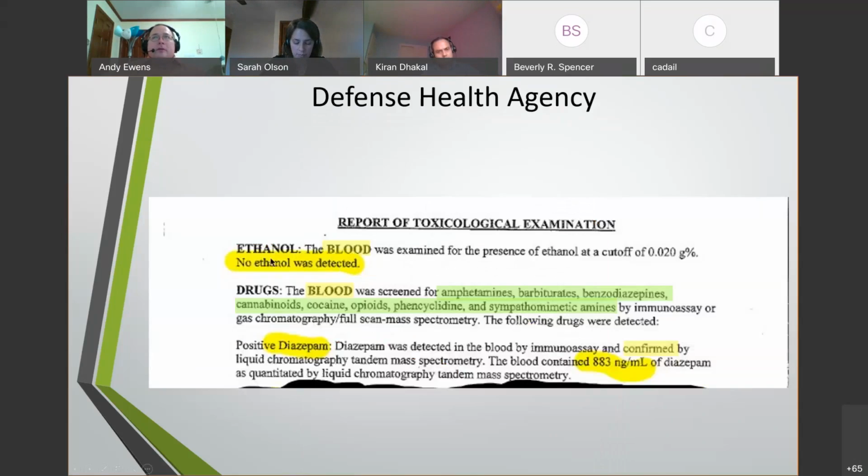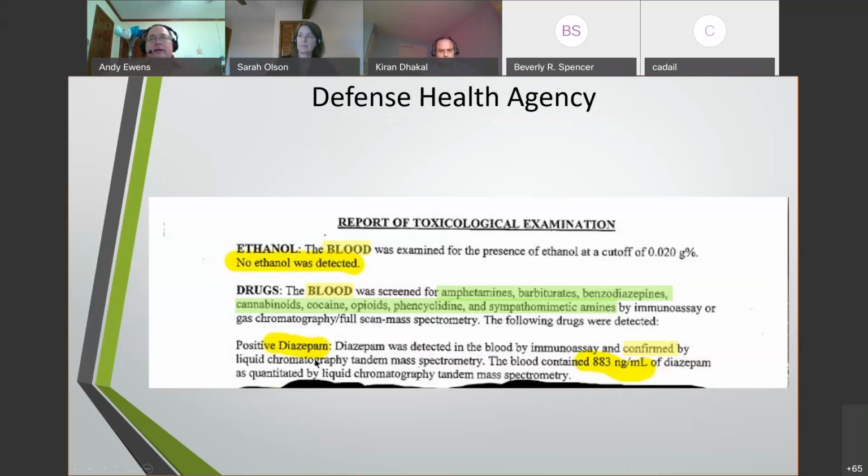So they tested blood. There was no alcohol. They tested blood for drugs. They tested it for amphetamines, barbiturates, benzodiazepines, marijuana, cocaine, opiates, PCP, and other amine drugs.